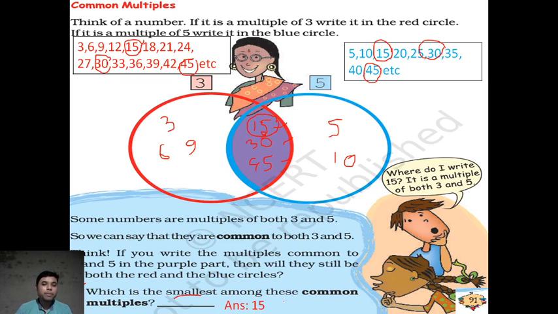So what is 15? 15 is the smallest common multiple, and smallest means least common multiple. That means 15 is the LCM of 3 and 5. Least common multiple you have learned. Here smallest and least are the same, so the smallest common multiple means the LCM of 3 and 5. Mind it.